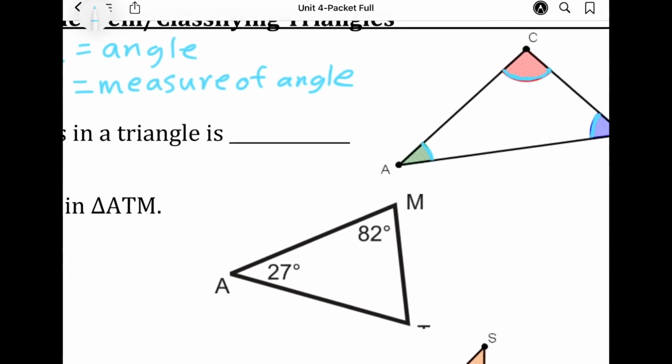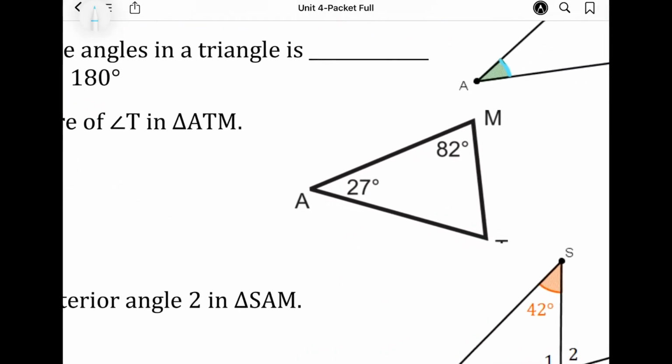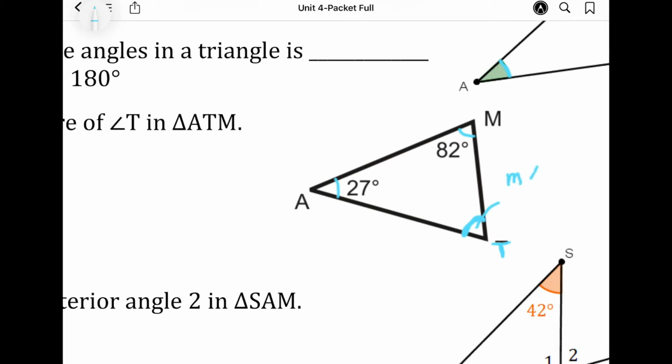So our example is this ATM triangle, and the T is right there. We're going to add angle A, angle M, and angle T all together. Well, angle T does not have a value already, so we can either reference this by saying measure of angle T, just angle T, or we can assign a random variable to it.